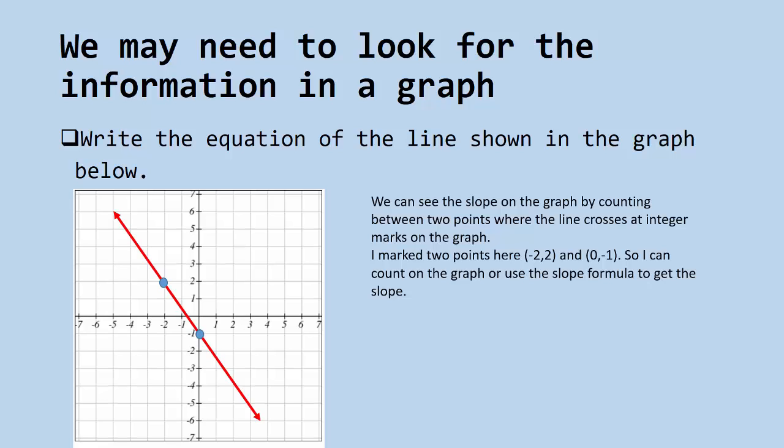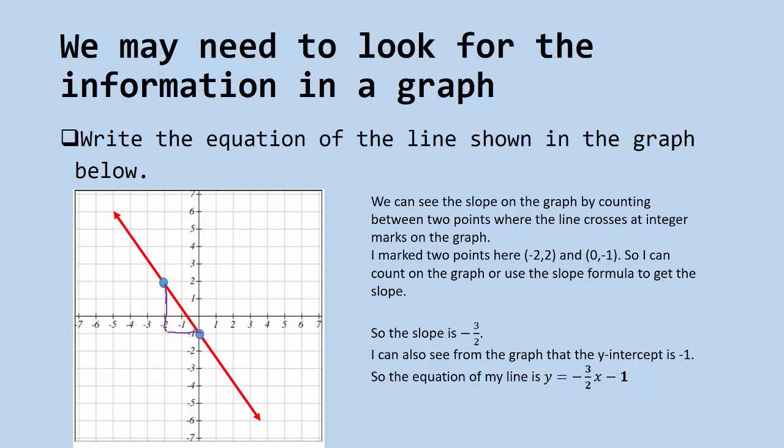So I can count on the graph, or I can use the slope formula to get the slope. If I were to count on the graph, I could start here at the first dot, and I'm going to draw down until I am across from the next blue dot. So that's a down, that's going to be -3. Then when I move over to the right, I'm going to be moving 2 units, and that's going to be +2.